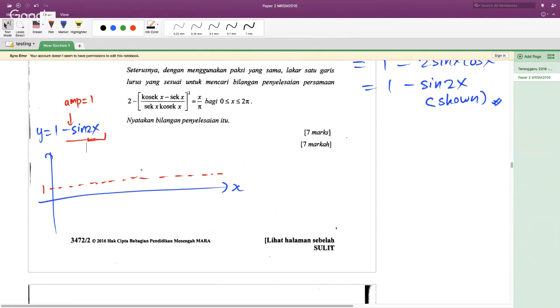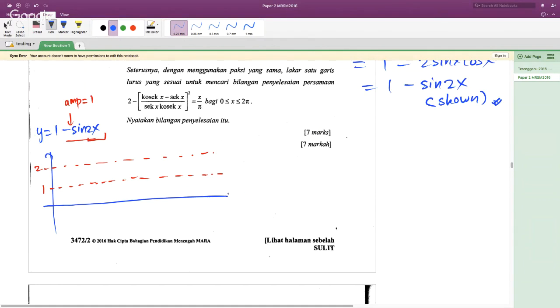So that means if I draw my graph, I know my maximum should be 2 and my minimum should be 0. But the ratio is not so nice, so let me just redraw it. I hope the ratio is just nice. Okay, so my 0 is here. Sine, I'm going to start drawing from 0.